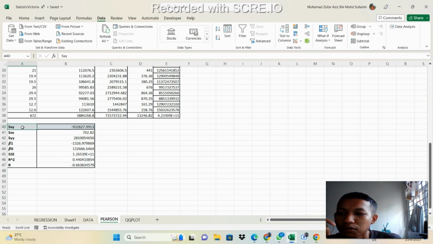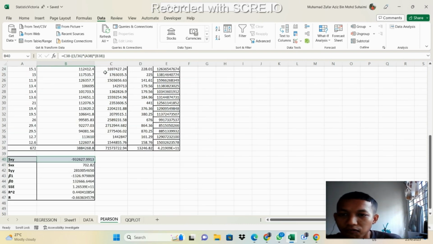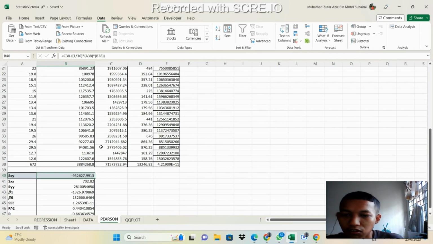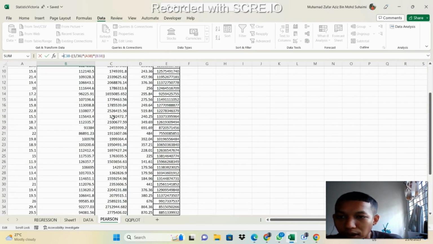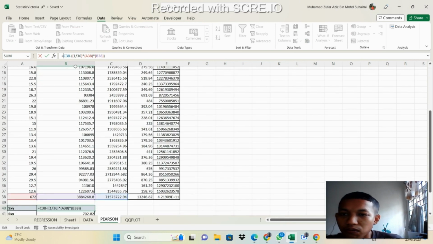So in order to get the value of the SXY, we use the first formula based on the formula given on the slides, which is the total of the XY minus 1 over n.